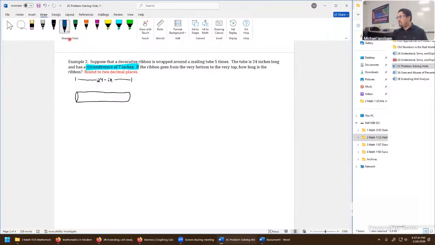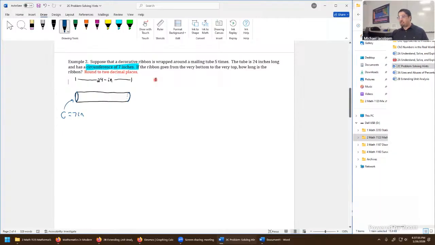Well, that's just going to be the distance around. So from here, around here, that's the circumference. This, if we overlay with blue, is the circumference. So if we go from one end of the tube all the way around, we're told the circumference, which we'll write as C, is 7 inches. Okay, so that's the mailing tube part and the dimensions.